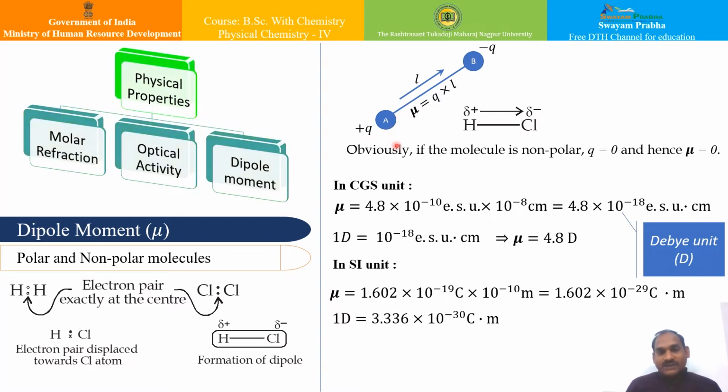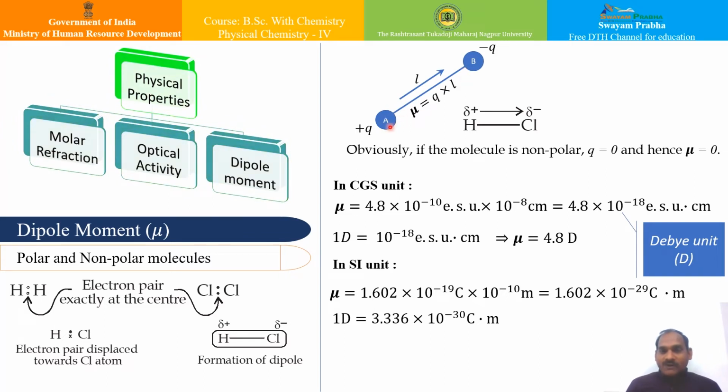Okay, in general what I want to say is, for a polar diatomic molecule of AB type, in which B is a more electronegative atom than A, if plus Q is the charge on atom A and minus Q is the charge on atom B, and let L be the bond length of this AB.